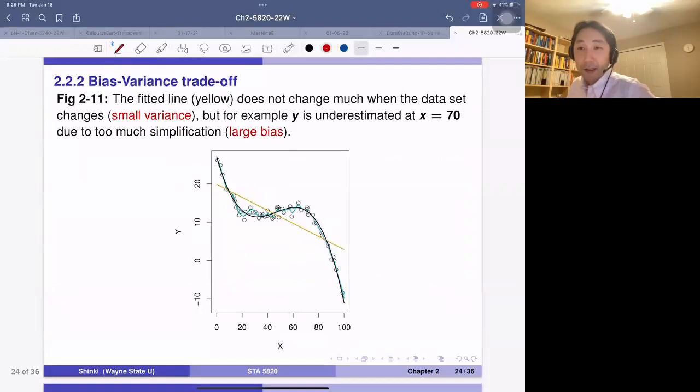So this is a numerical example of the trade-off between bias and variance. The black one is the true line, and the yellow, blue, and green are estimated models. So among the yellow, blue, and green, which has the smallest variance?